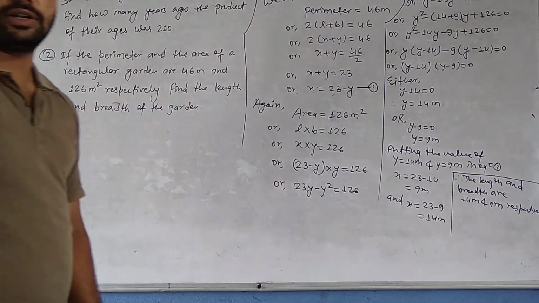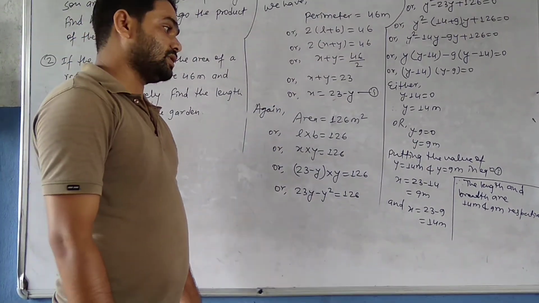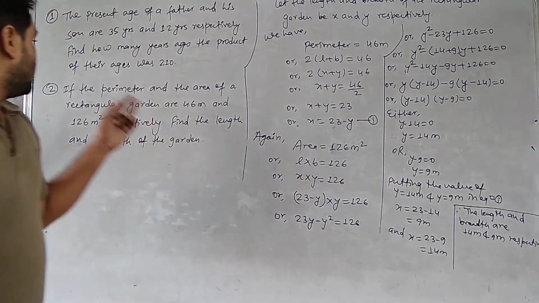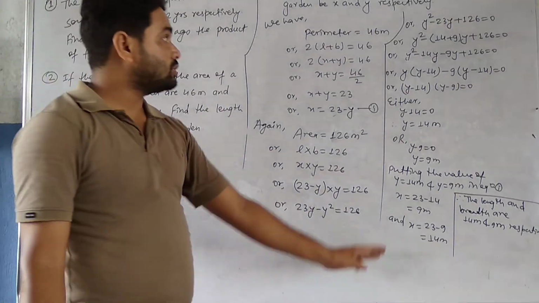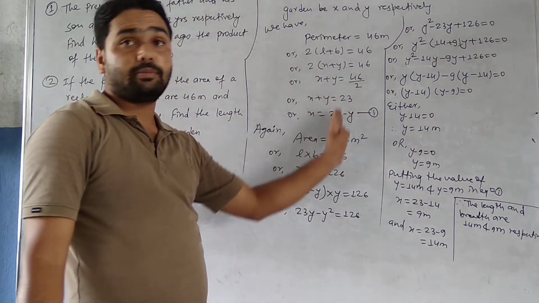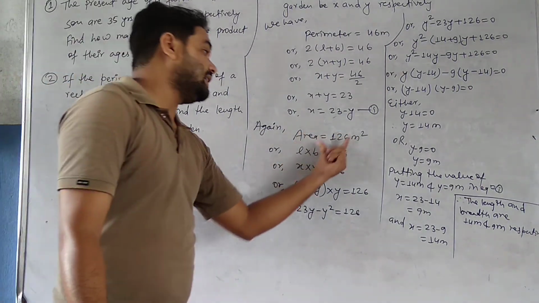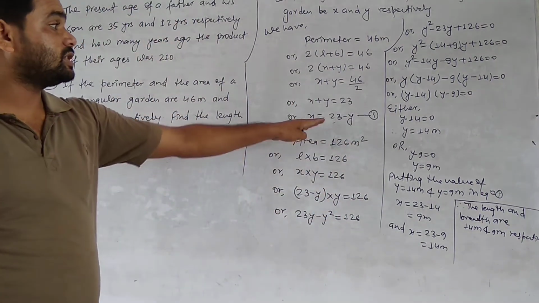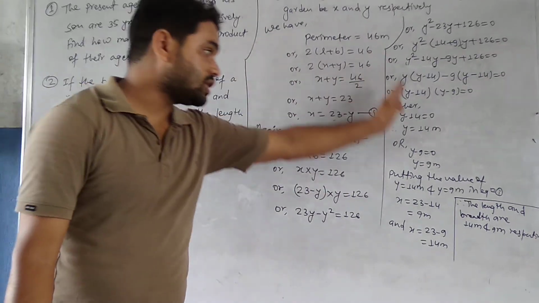Yes, this is it. Now this was for the second number. We have to do such types, that means for perimeter we apply the perimeter formula, then for area the area formula, then we substitute the values and we solve them.